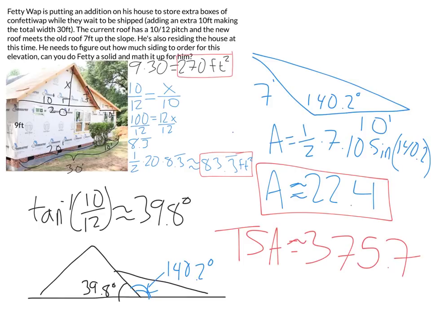So again, approximately, because I'm rounding, I always forget. And that's feet squared. That's awesome right there. So that is my total surface area. We'll likely want to add in 10%, maybe 15%, depending on what they decide. But that would be my surface area there.